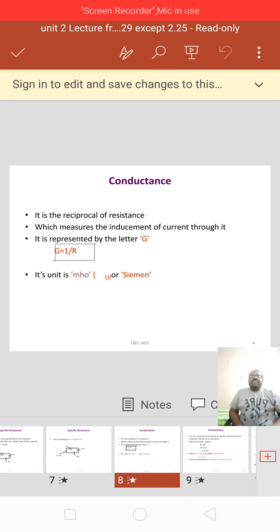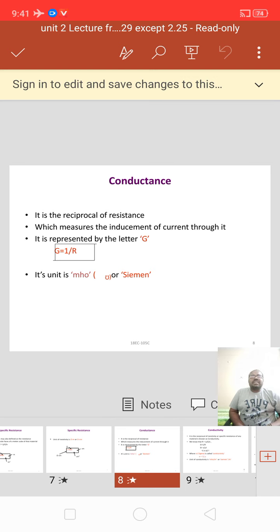Next, definition of conductance. The conductance is generally defined as the reciprocal of resistance, which measures the inducement of current through it.